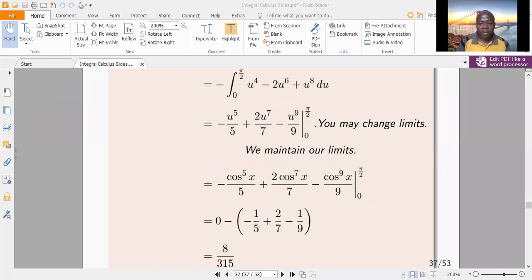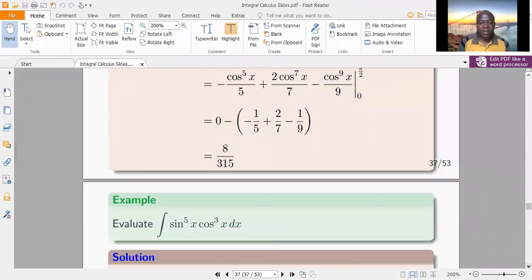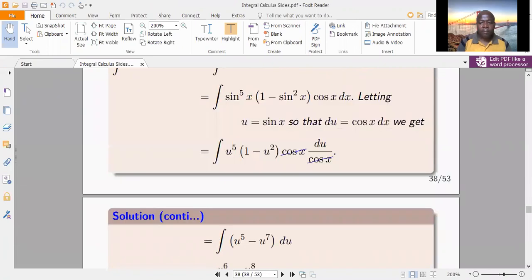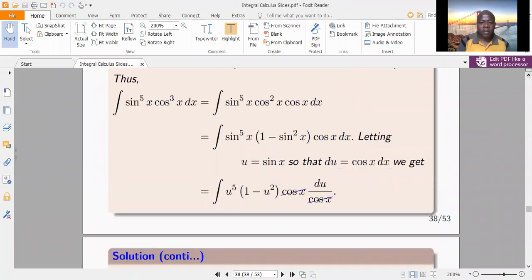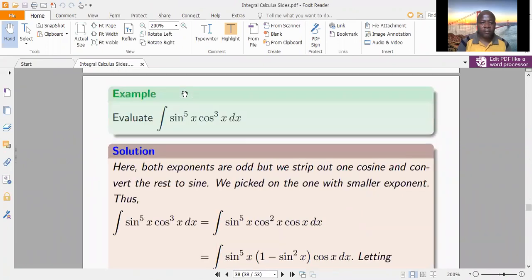Let's look at another example. In this example, both exponents are odd. I can see that the exponent on sine is 5, which is odd, and the exponent on cosine is 3, which is also odd.